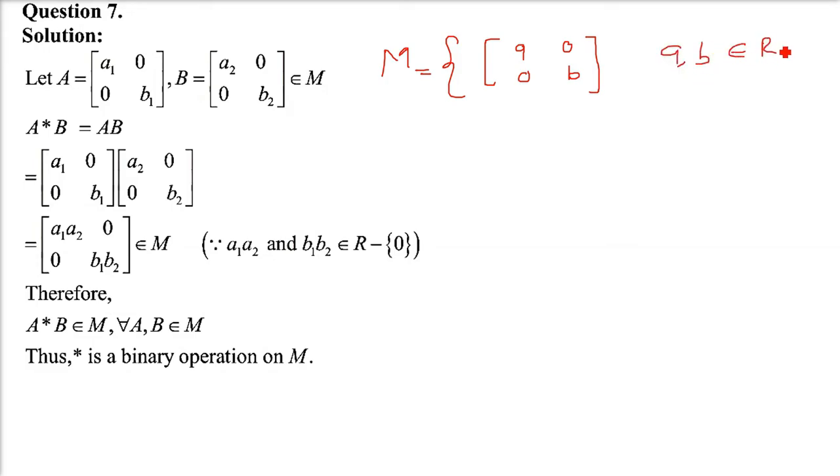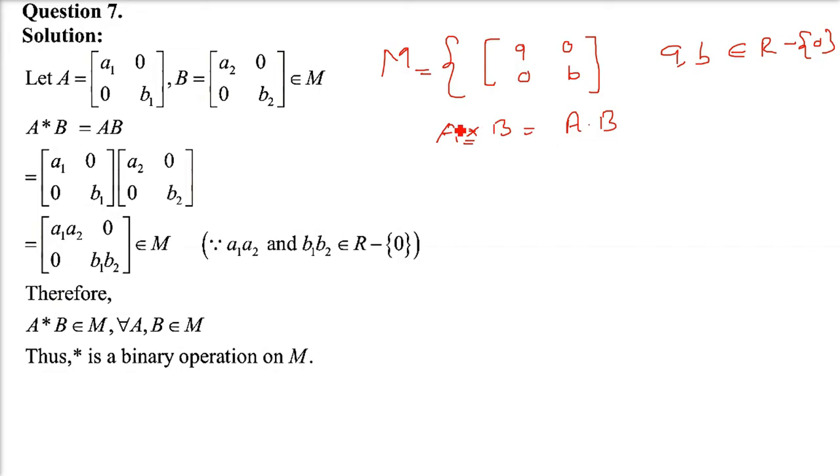So R minus 0. It is defined as A star B equals A into B, so you have to do a matrix multiplication here. So star is a binary operation.